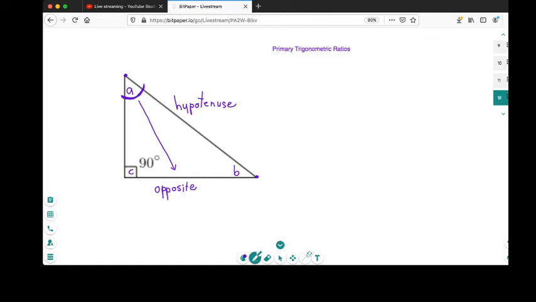So we're going to call this adjacent. Now, these terms are things that you're going to have to memorize because we're going to use this terminology in the formulas that I'm going to teach you. And it's very standard. So no matter what school you go to, whether you're Canadian, an American, whatever, you're still going to use these terms because that's how these rules go.